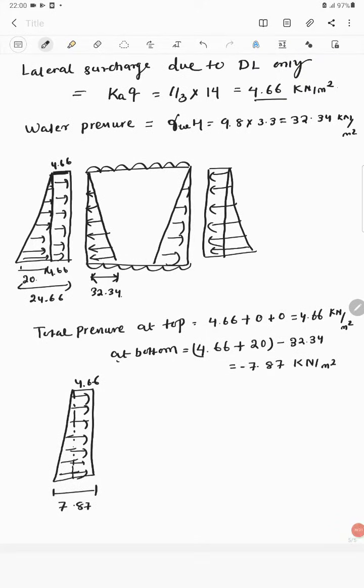Actually this is minus 7.87. So let's calculate in another way.